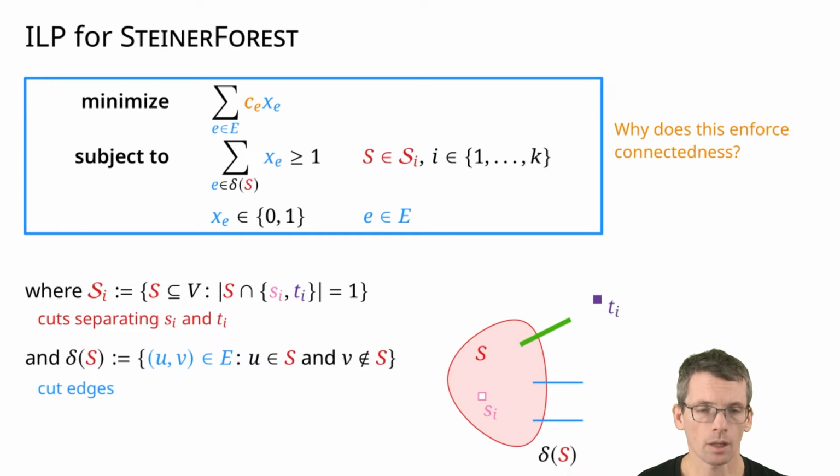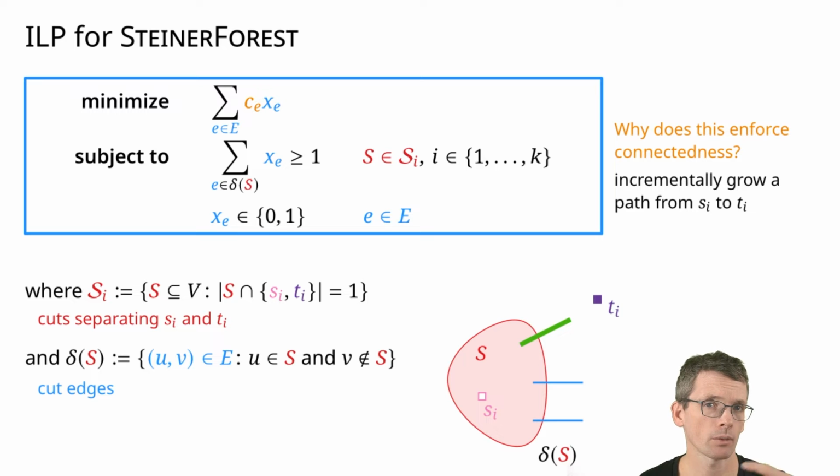So why does this now enforce connectedness? You can argue this in different ways. You could argue incrementally, more like an induction. You start at si and then you will find an edge. So I take that component, I know there's an edge going out, and I can continue incrementally until I reach ti, and I know that I can always continue because there's always a further edge, as long as I have not yet reached ti.